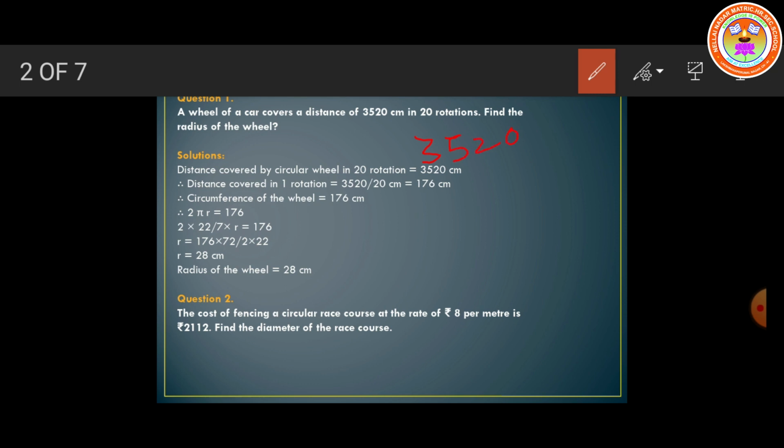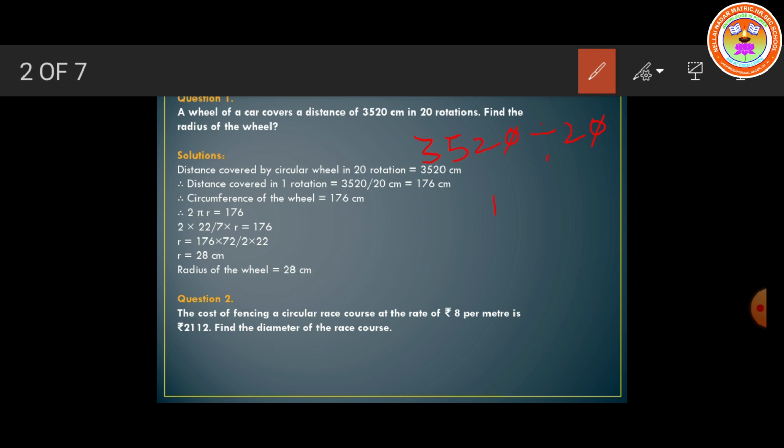3520 divided by 20. In the numerator there is a 0 and in the denominator a 0, so they get cancelled. Then divide by 2. How many times does 2 go into 3? 1 time. 2 ones are 2.